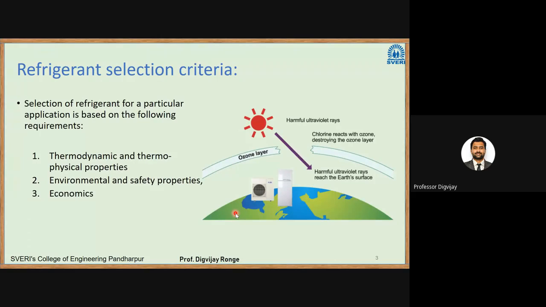Okay, Sunil, it is UV rays. I agree that ozone layer absorbs the UV rays, but what is the harm in getting UV rays?